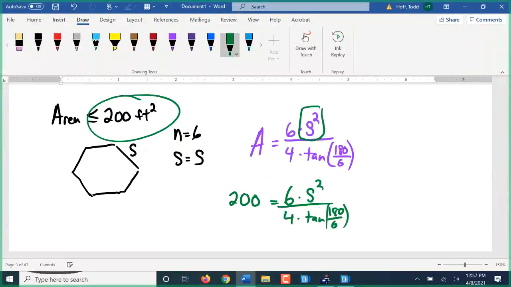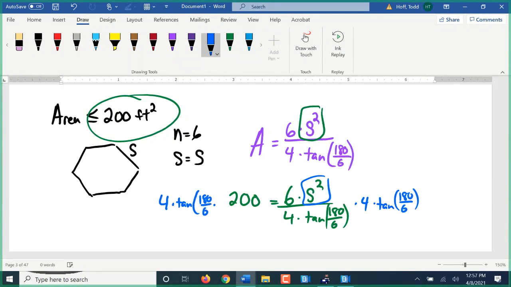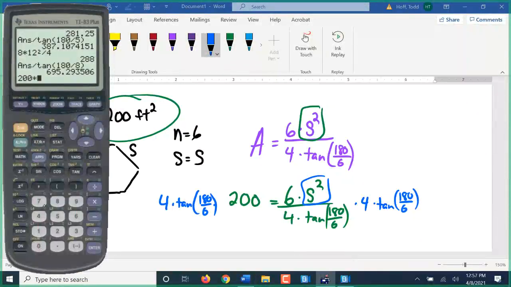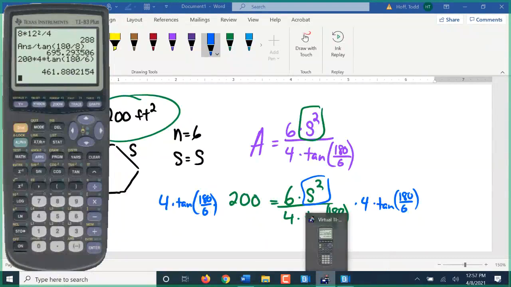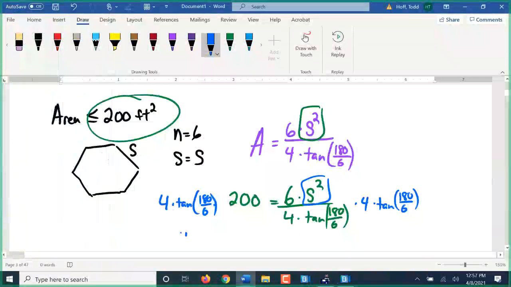Well, the first thing I'm going to do to try to solve this for s squared is multiply both sides by 4 times the tangent of 180 over 6. So I'm going to start with my 200 times 4 times the tangent of 180 divided by 6. That gives us 461.88.